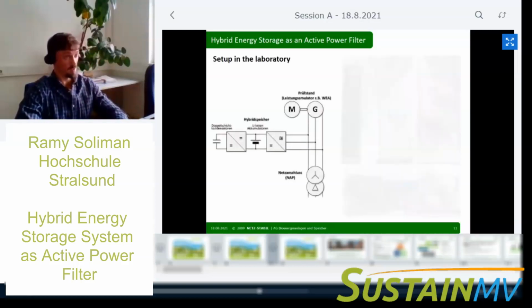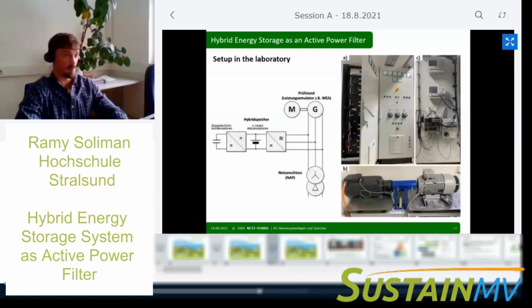To get a sense of what we have built here, this is an overview of the test stand. On the left-hand side, you can see the block diagram of the test stand, and on the right-hand side, the corresponding real construction in the laboratory, which is basically divided into 3 parts.